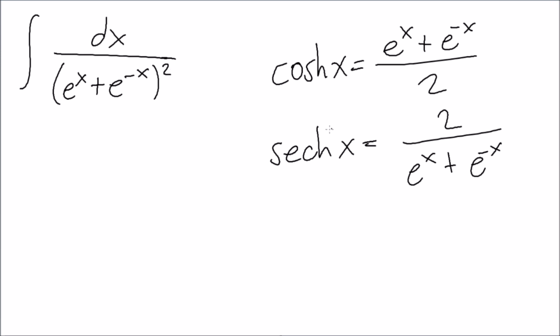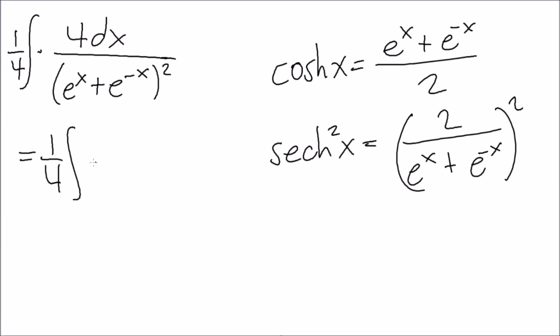But be careful, when you square this, you square everything, which means that you need a 4. So I need a 4 here, so it's 4 here, 1/4 here. I'm pretty much multiplying top and bottom by 4. Okay, so then this is 1/4 integral of this. And I mean, we know what this is. It's a simple integral. This is just 1/4 tanh x.